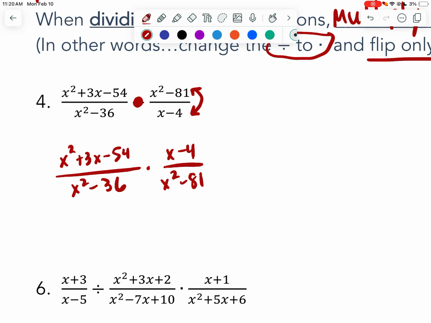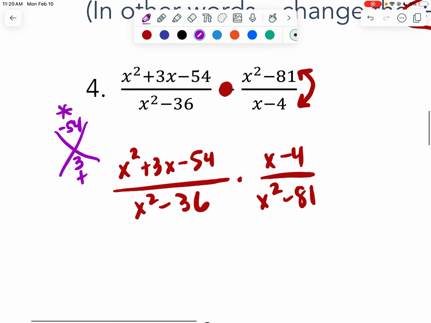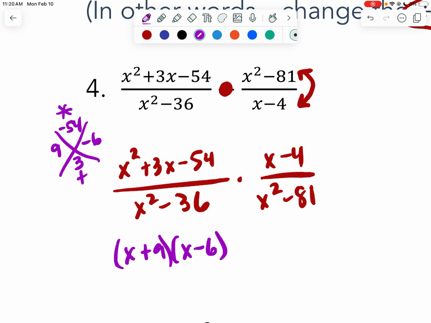Okay, now it's the same as what we were doing in the top half. So I'm going to do my x. So it multiplies to negative 54 and adds to 3, which would be 9 and negative 6. Okay, bottom, square root of 36 we can do.